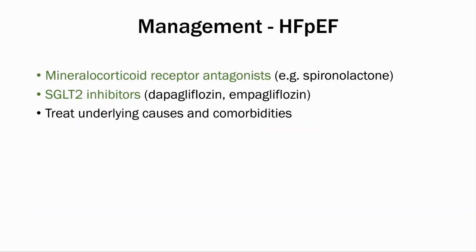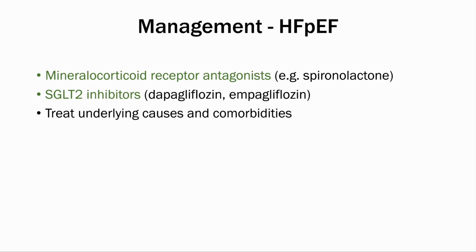Now, here is where one of the most important recent changes in heart failure management comes in. Heart failure with preserved ejection fraction was historically very difficult to treat. For many years, we had no drugs proven to reduce mortality, and management was mainly focused on diuretics and symptom relief and treating the underlying causes of the heart failure. NICE and recent trial data now support the use of mineralocorticoid receptor antagonists, as well as SGLT2 inhibitors for heart failure with preserved ejection fraction.